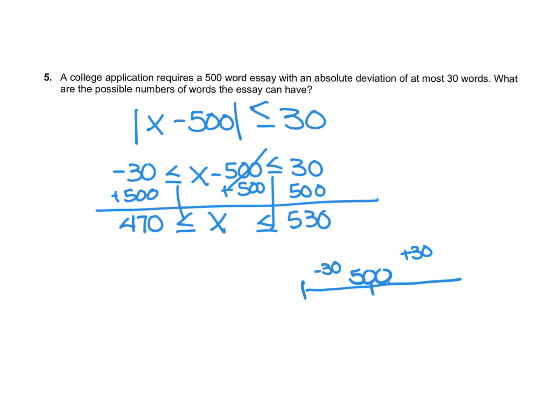And so your essay could be 470, because you've got this deviation of 30. So you can have it be between 470 words and 530 words. And so it can be any number. It can be 470, it can be 480, it can be 500, 520, but it cannot be less than any of those or greater than these right here. So on that number line, it would look like this.